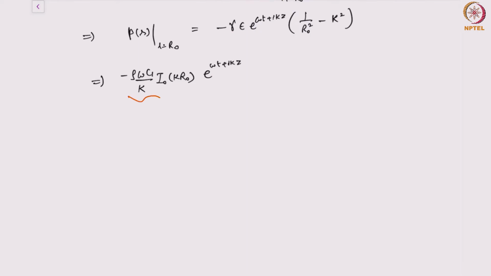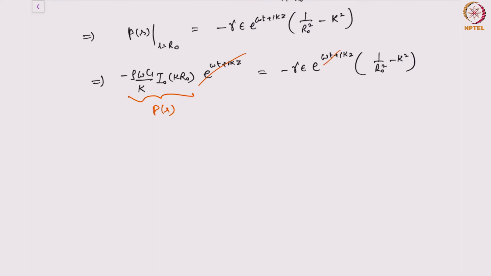This part is capital P of R. That is the definition of small p, the perturbation pressure. The pressure inside is capital P times e power omega t plus I k z. That's the normal mode form. This would be equal to minus gamma epsilon e power omega t plus I k z times this quantity.